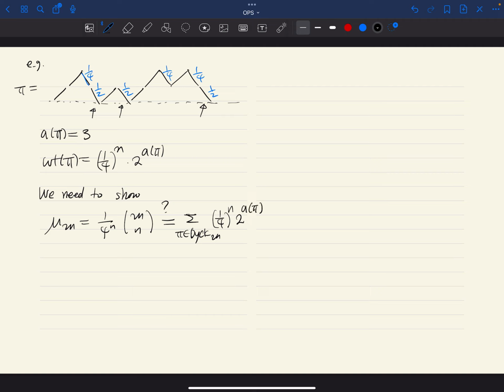This is what we want to know. But now we can cancel this, so we need to prove this claim: the sum over all Dyck paths of 2 to the a of pi equals 2n choose n.